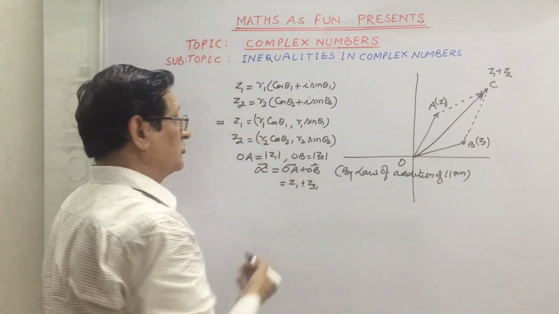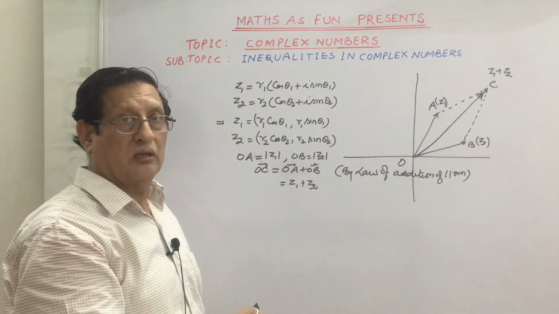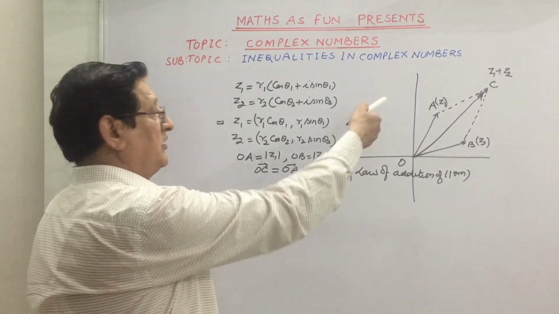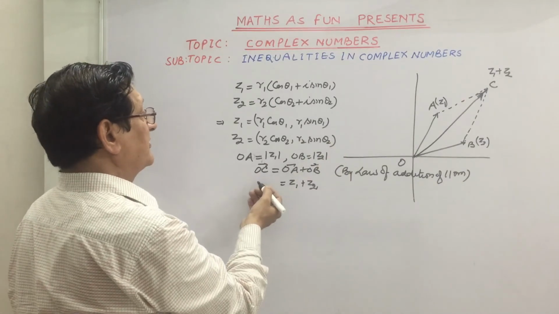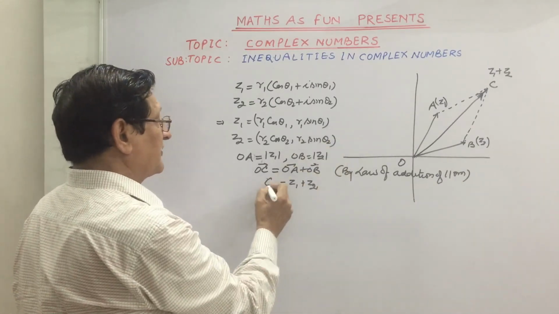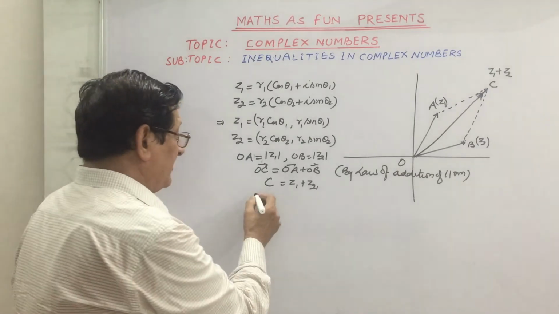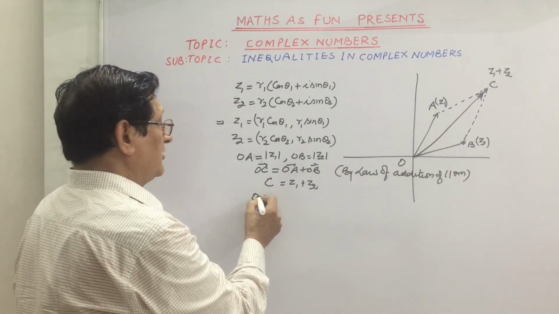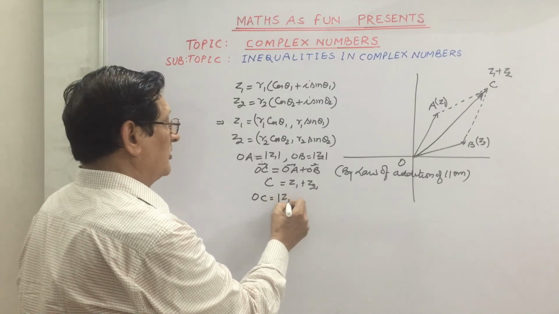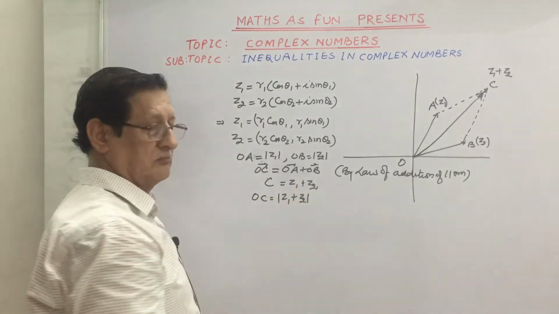We can understand OC is equal to OA plus OB. So C will represent Z1 plus Z2, and then we can say that OC is representing modulus of Z1 plus Z2.